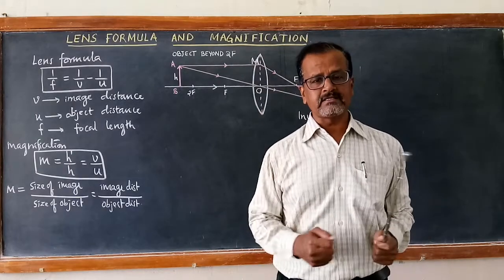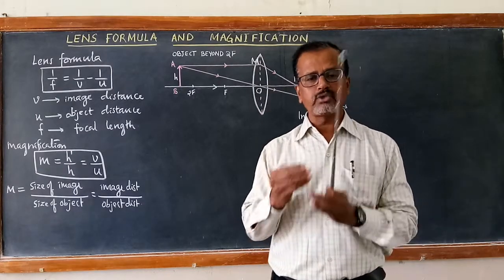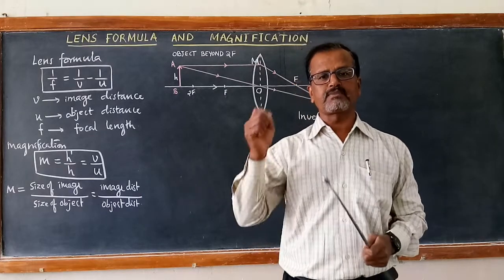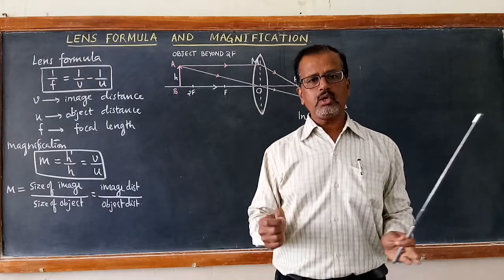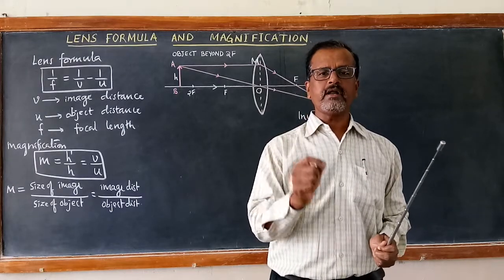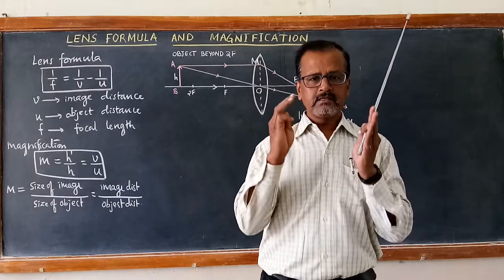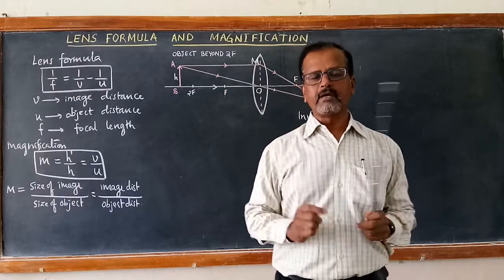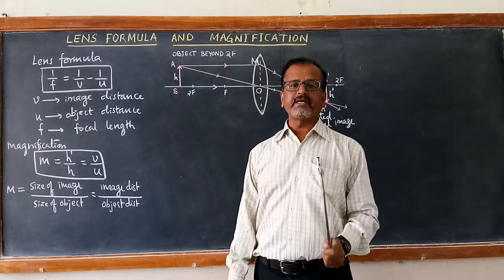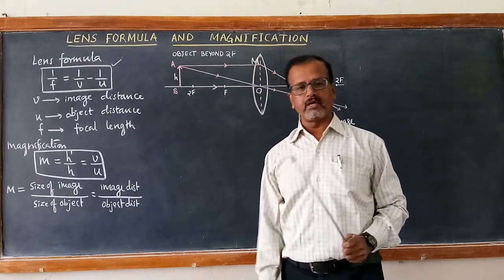Although I have derived it in detail and we have solved a number of problems, still Prajwal is asking me. So please refer to my videos on concave mirror and solve a number of problems, then things will always be remembered. So for your benefit, I am going to derive this equation, the derivation of the lens formula.